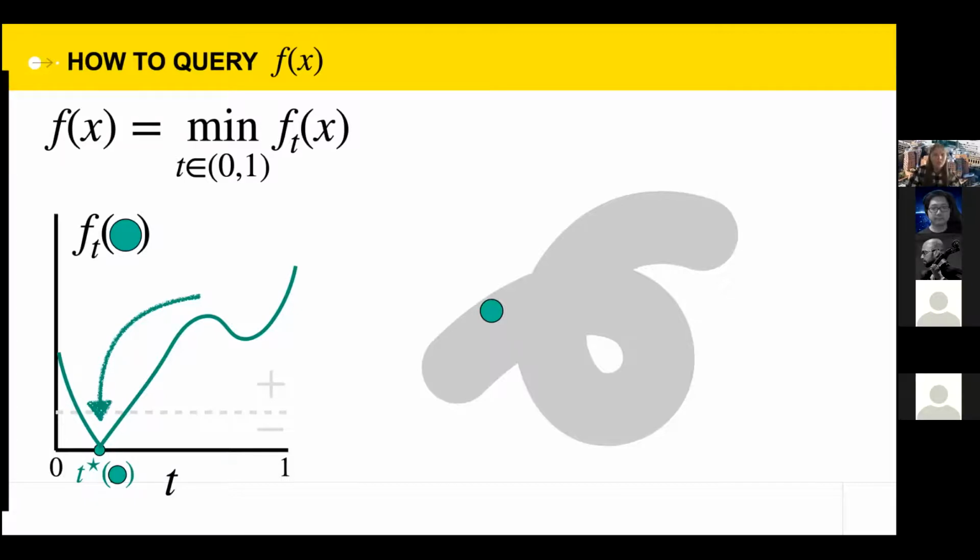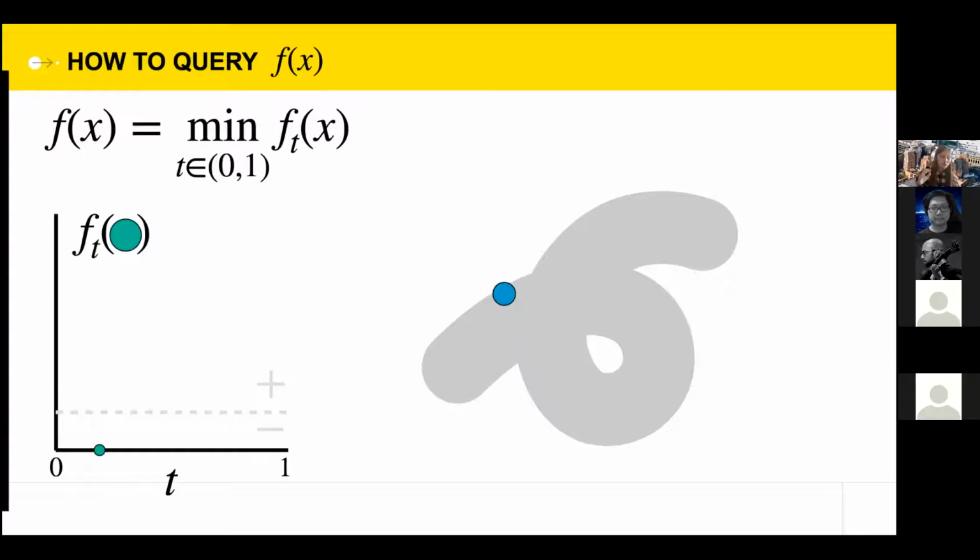And let's move only slightly to a new blue point that's very close to the green one. Now, can you venture what the graph of the blue point will look like? Well, if we moved only by a little bit, then it's reasonable to assume that the graph at the blue point will be very similar, very close to the graph at the green point, right?